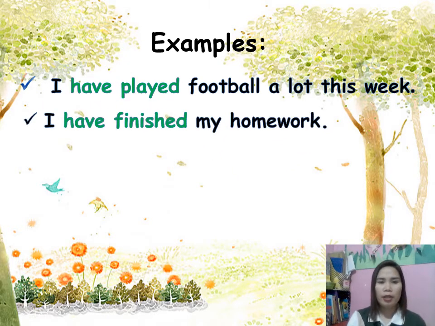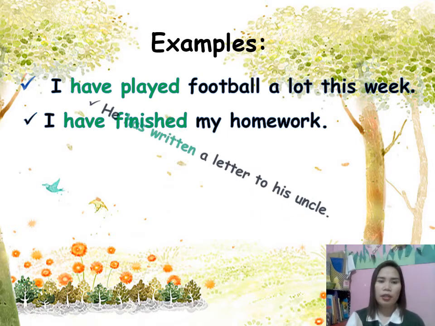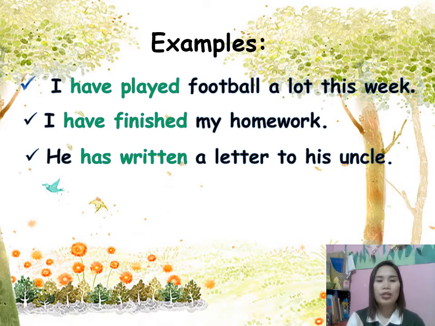Next, I have finished my homework. The action of finishing started in the past and might be continuing at the present. Next, he has written a letter to his uncle. It means that until now he is writing a letter to his uncle.